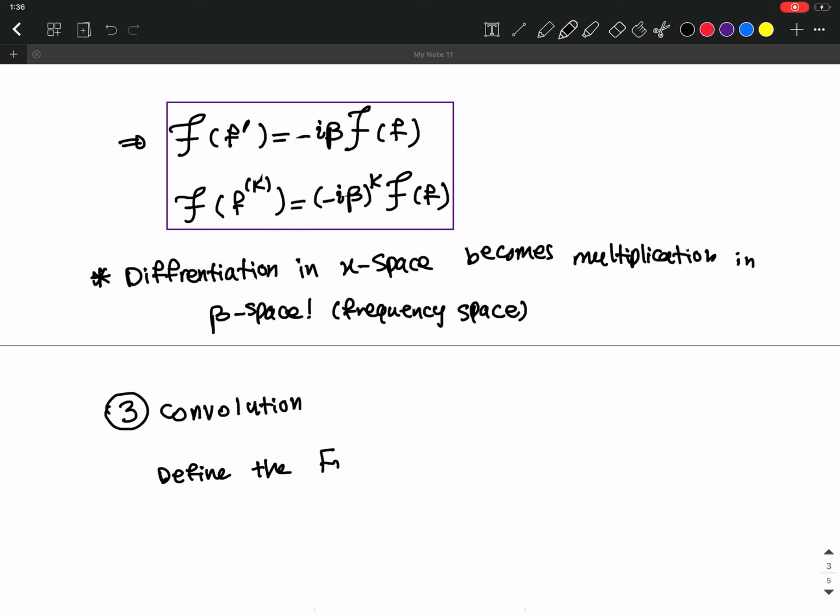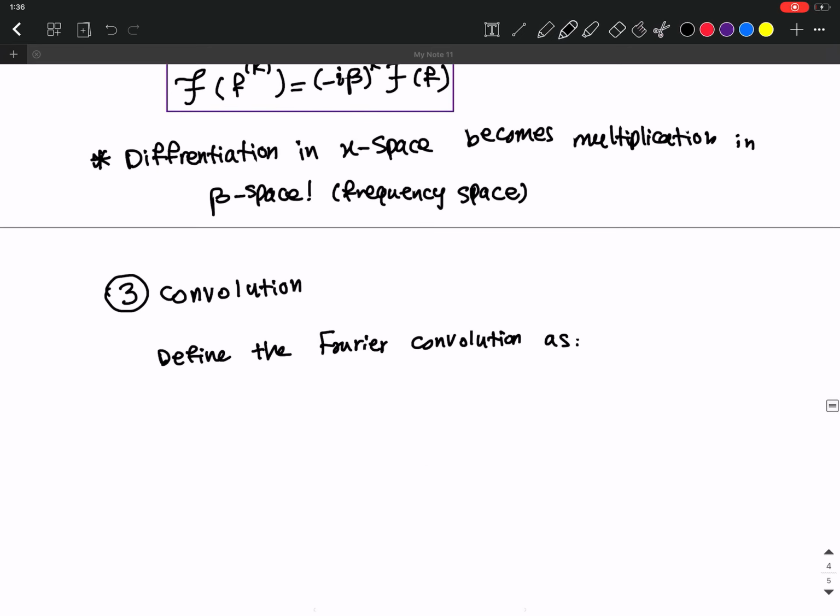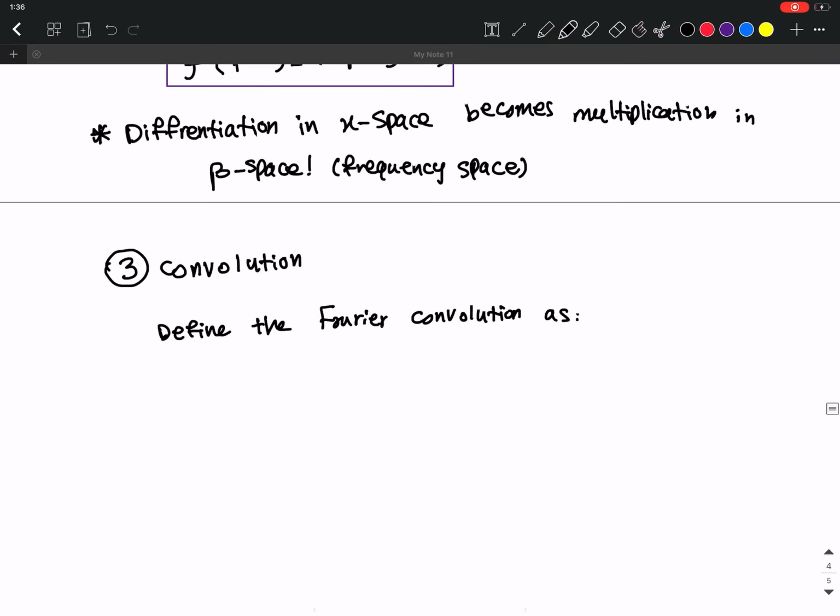the Fourier convolution as, so the convolution of two functions is defined as f star g, so two functions like f and g.